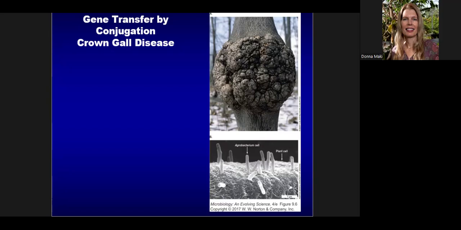So here in the lower image is the surface of a plant cell, and you can see all these pathogens. They're about to gain entry into the plant cell. This is a pathogen called Agrobacterium tumefaciens. I would like you to memorize that species, please, because this is historic.